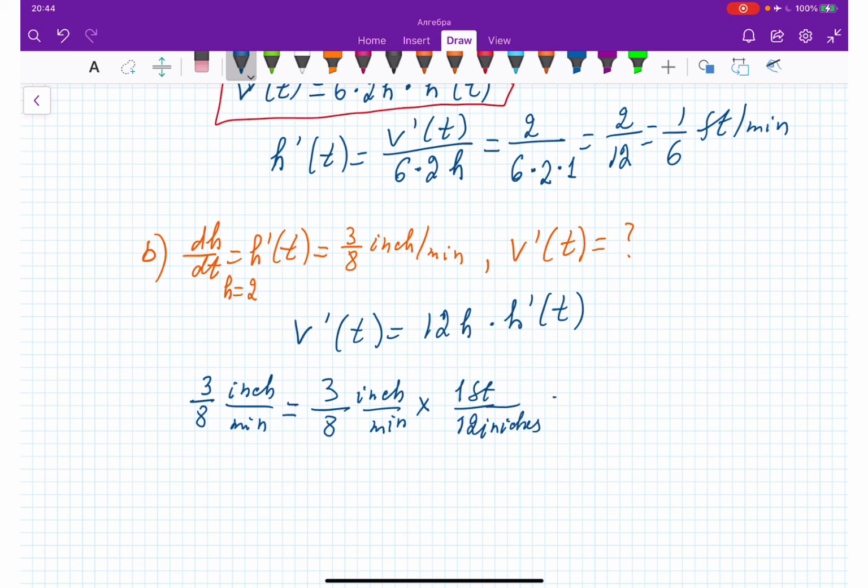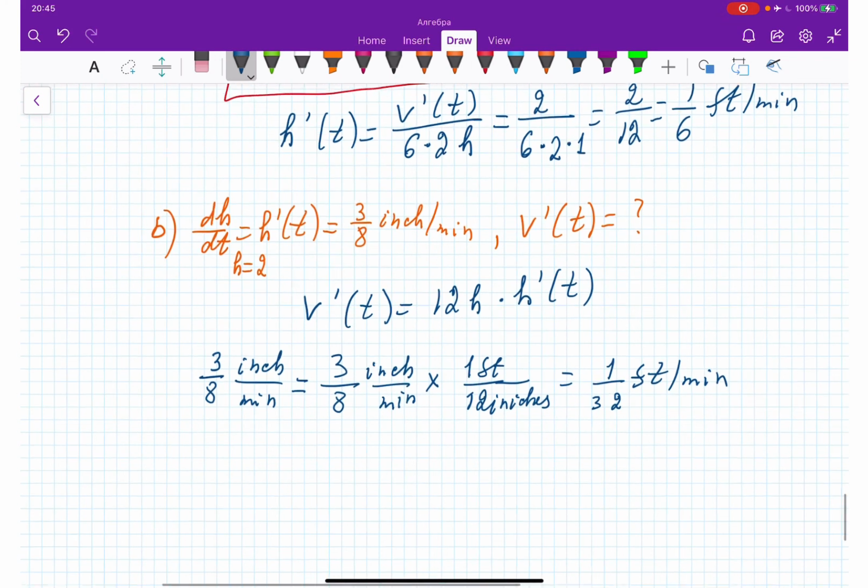And that is going to be equal to 1 over 32 feet per minute. Okay?